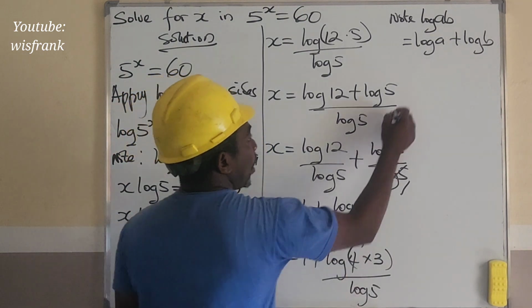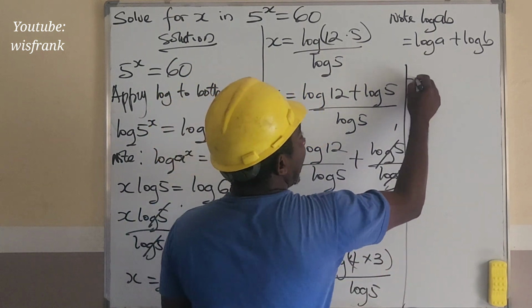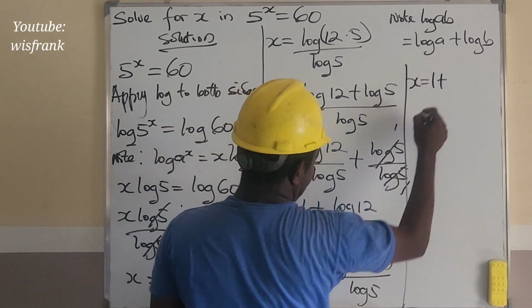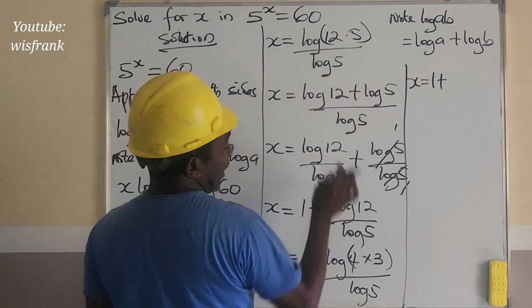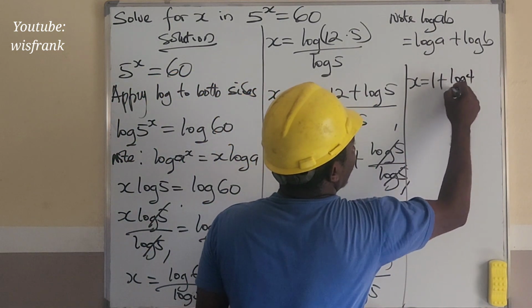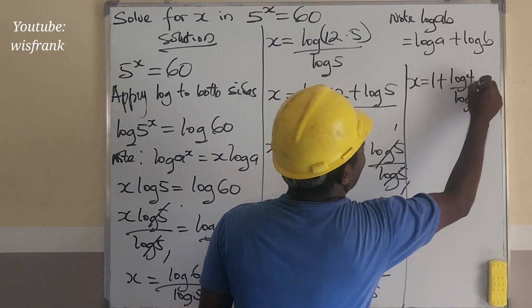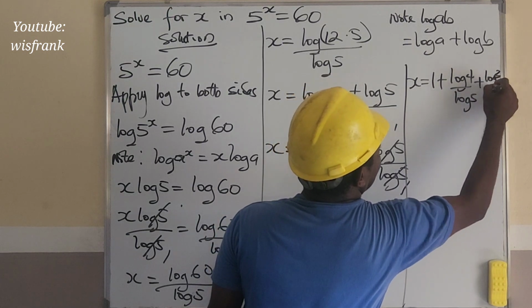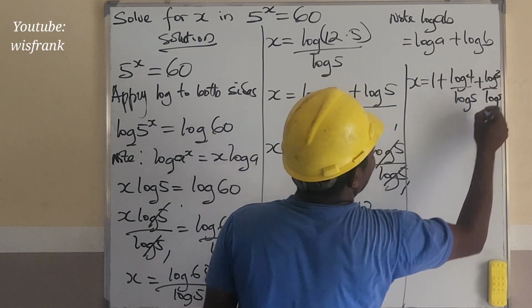In that case, the value of x equals 1 plus, expressing this in this format, log 4 all over log 5 plus log 3 all over log 5.